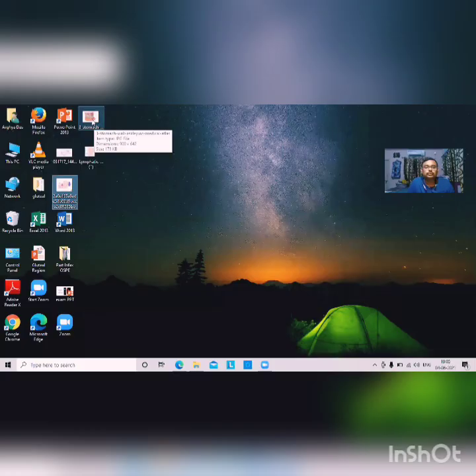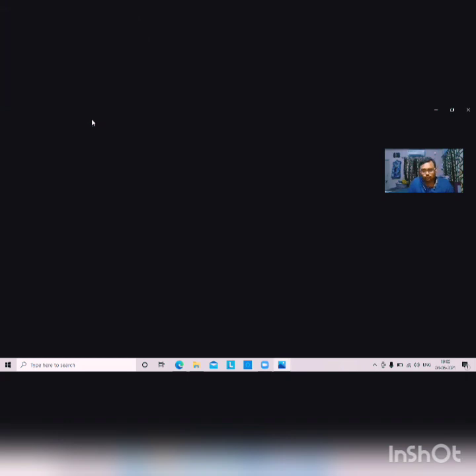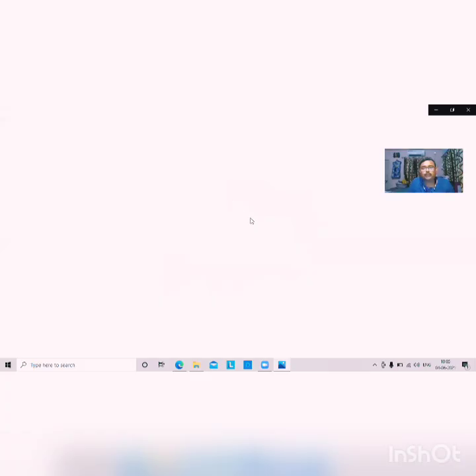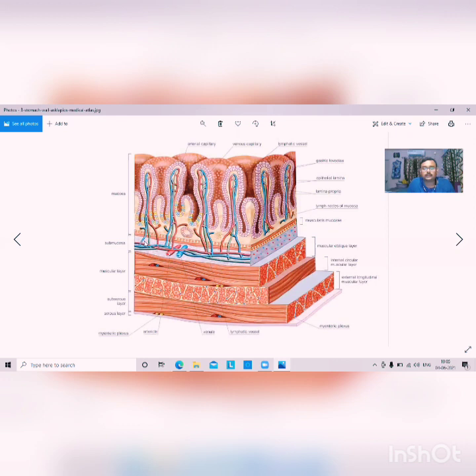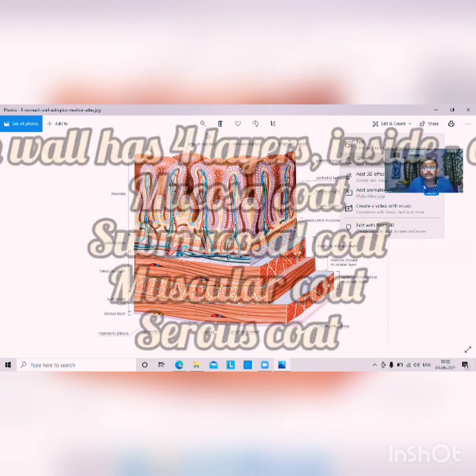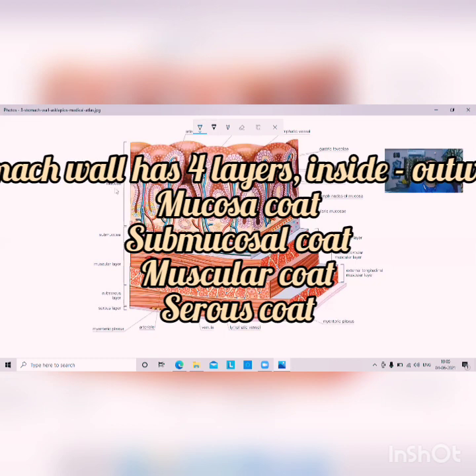To show you what happens after entering through the wall of the stomach, we need to look into the histology of the wall. By this time, you all know that from inside outward, the wall of the stomach consists of 4 layers. What are the 4 layers? The mucosa, the submucosa, the muscular layer, and the serous layer.